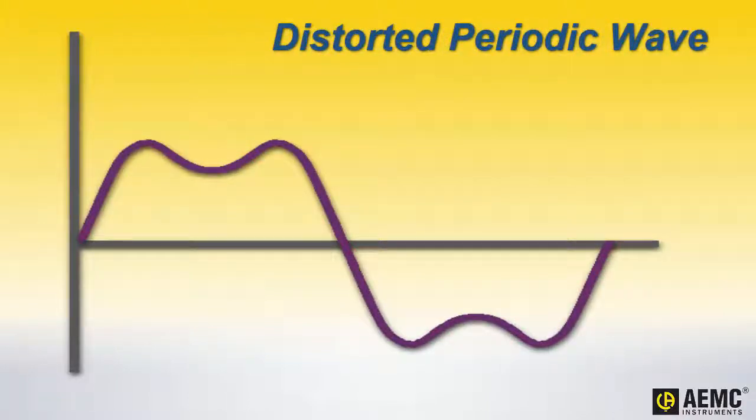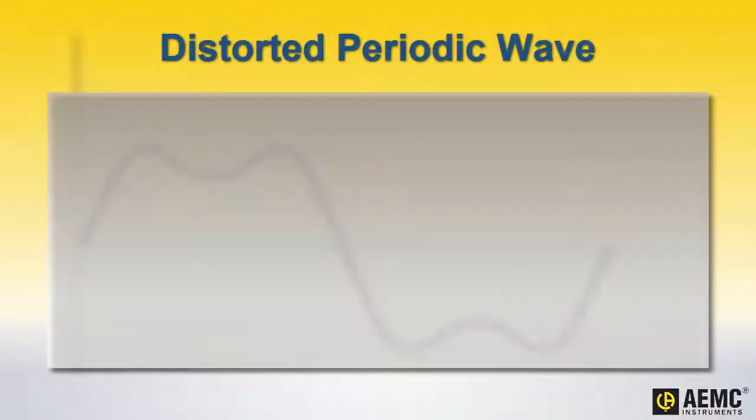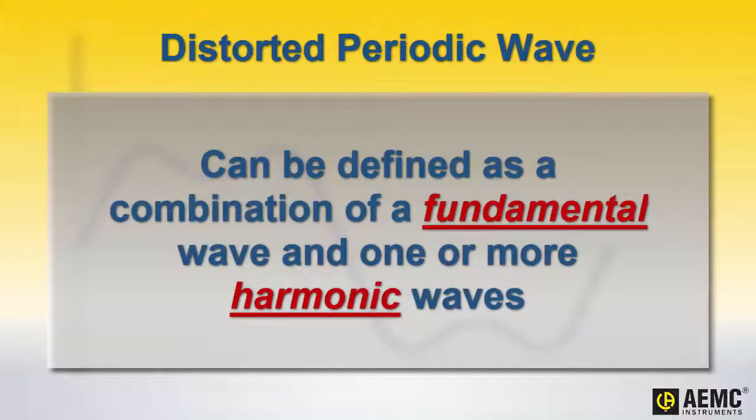To understand how this happens, it might be useful to work backwards and deconstruct this wave into its constituent components. A periodic wave, no matter how distorted, can be defined as the composite of a single primary or fundamental wave and one or more so-called harmonic waves, of varying wavelengths.